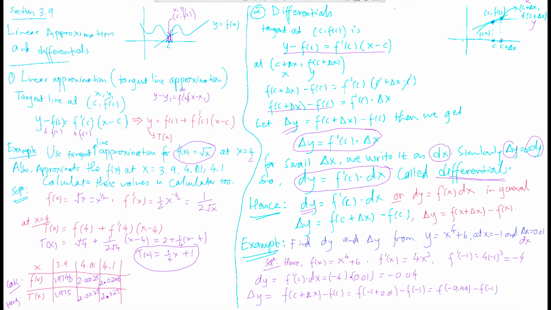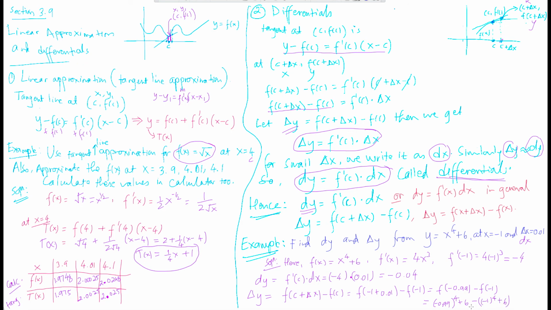So what is f at -0.99? You plug in here, right? So x is negative 0.99. That will be basically, let me write down here. This will be negative 0.99 to the 4 plus 6 and then minus f at -1, which is (-1) to the 4 plus 6, right? You do the same thing, just plug in -1.